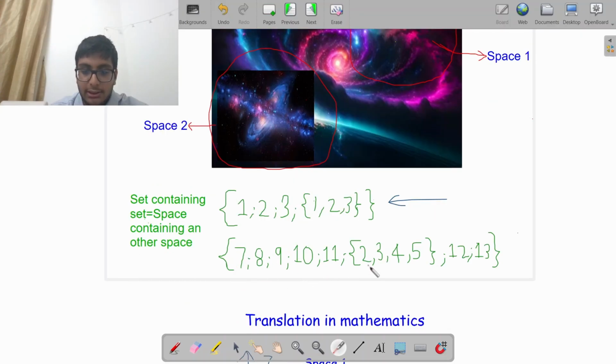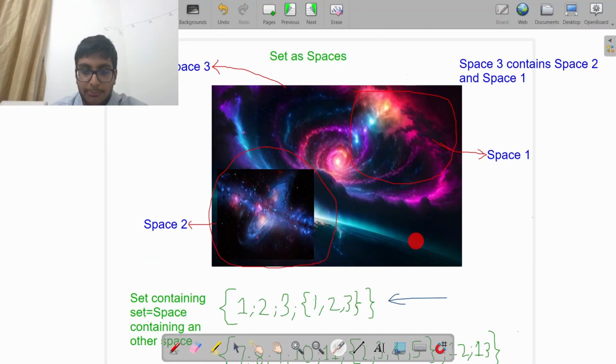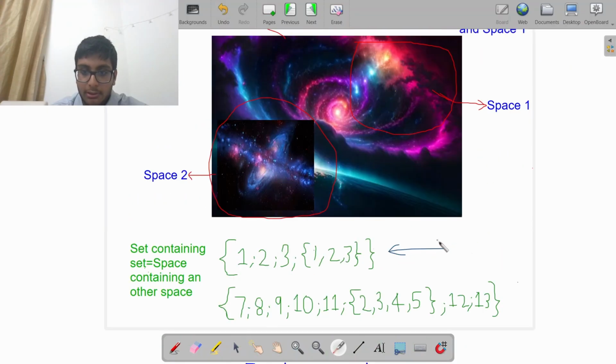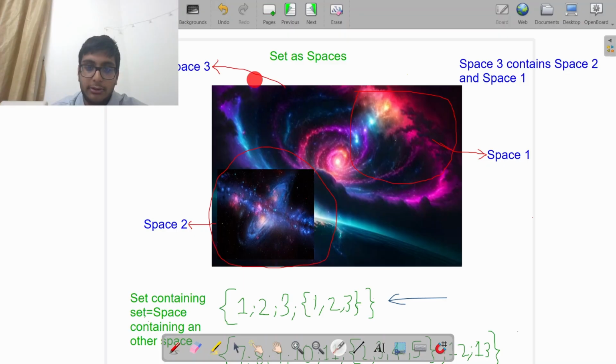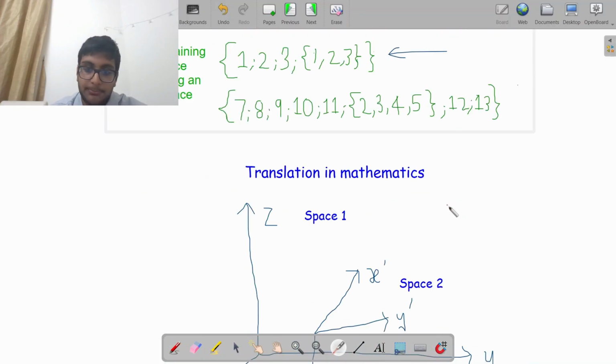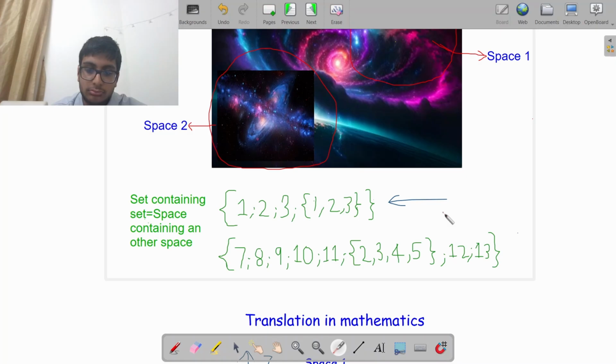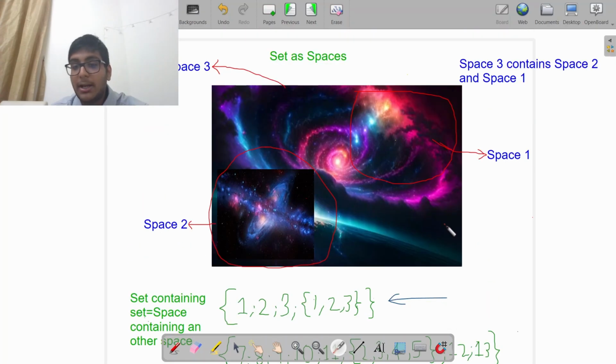If 7, 8, 9, 10, 11, 12, 13 were in the bigger space, which is space 3, then over here 2, 3, 4, 5 would also be in the second space. That information is also contained in space 3 because space 2 is actually inside space 3. And I will come back later to the topic of subsets, which will be in the second part of the lecture.